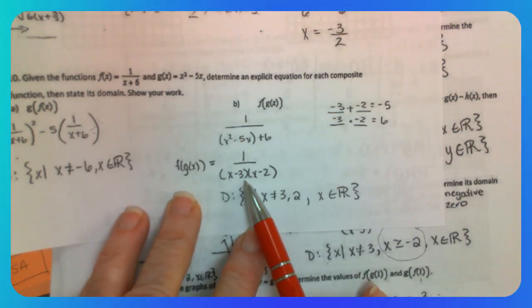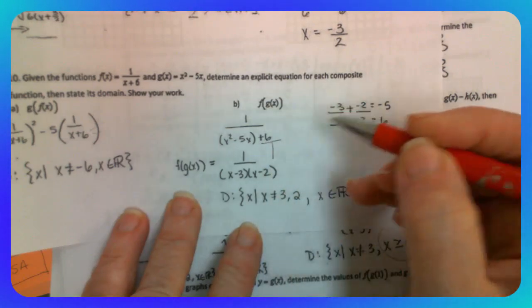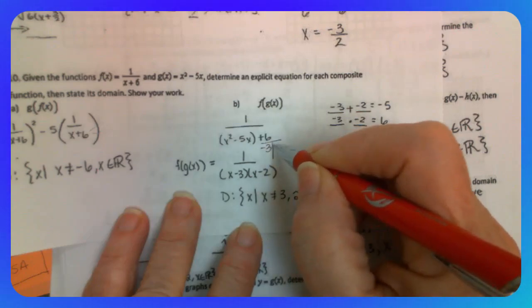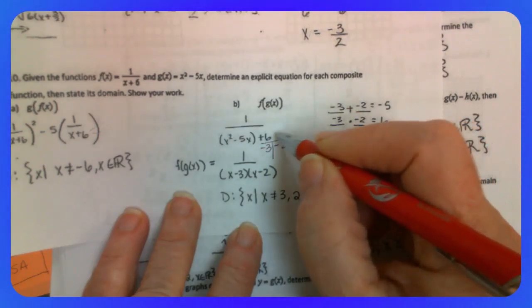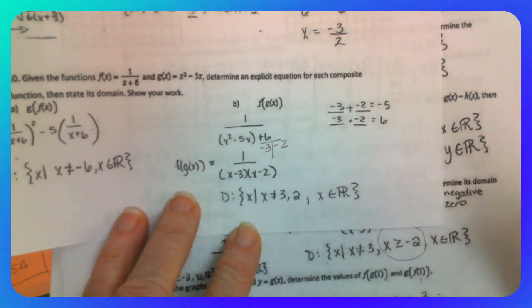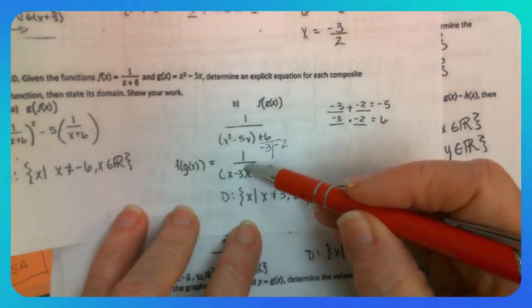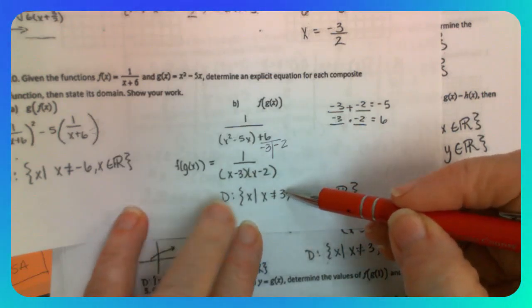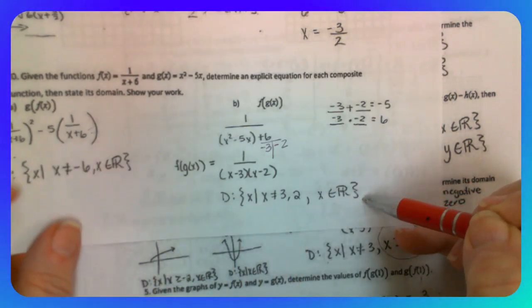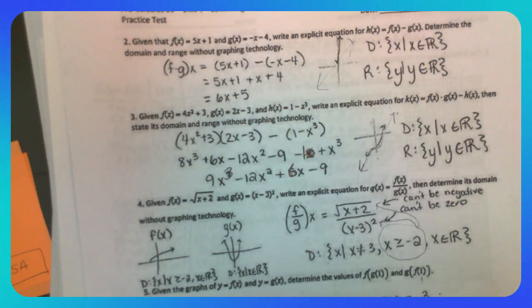But we have x minus 3 times x minus 2, because the two factors of positive 6 that multiply to give you a positive 6 and add to give you a negative 5 are negative 3 and negative 2. So x cannot equal, if you set this equal to 0 and solve, 3 or 2, in the set of all real numbers. That's your domain restriction.